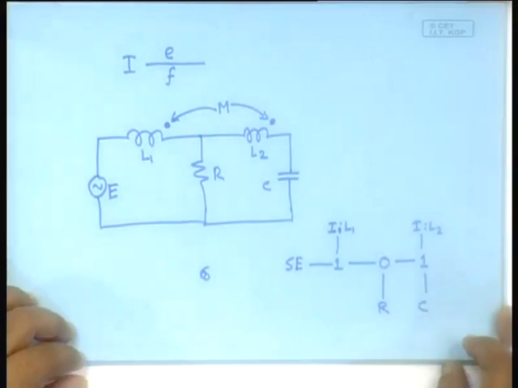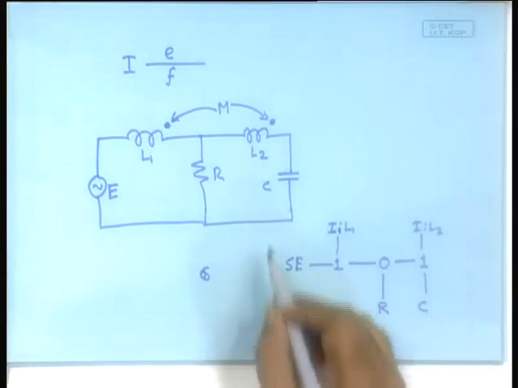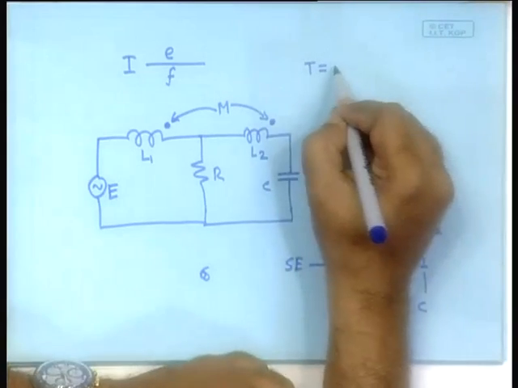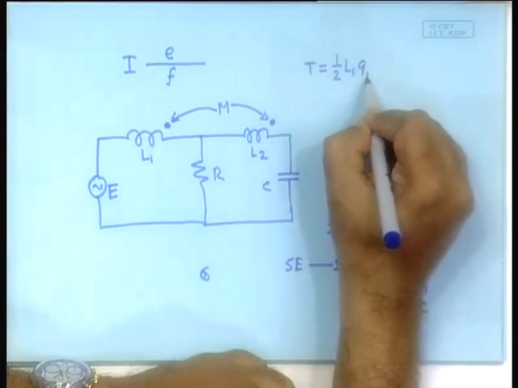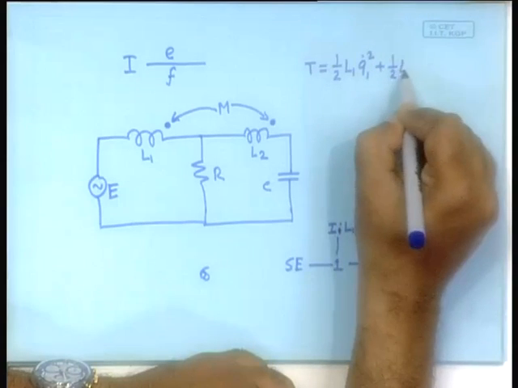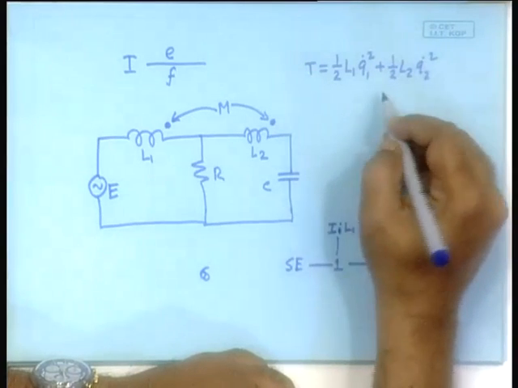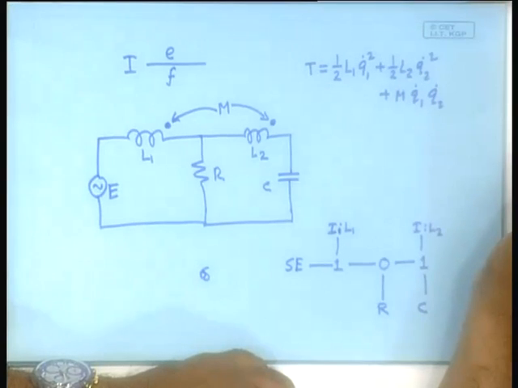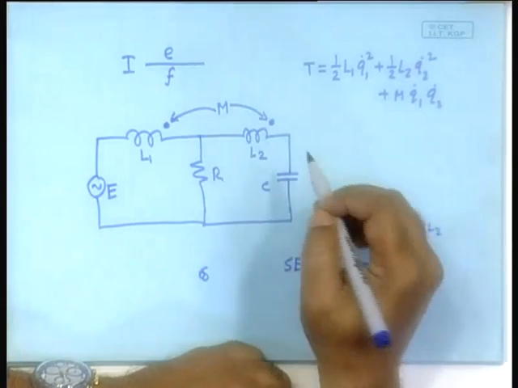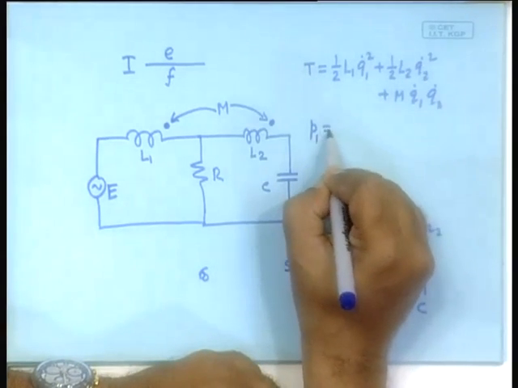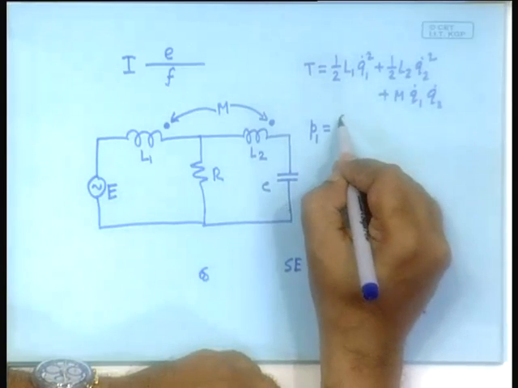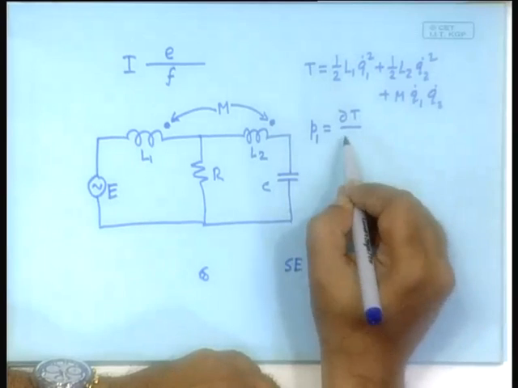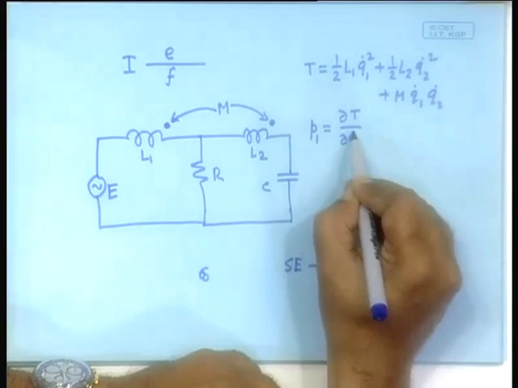In order to probe that, let us get back to the question of the kinetic energy of the whole system. The kinetic energy T is half L1 Q1 dot square plus half L2 Q2 dot square plus M Q1 dot Q2 dot. Your momentum P1 is the derivative of the Lagrangian, which is the same as T in this case, with respect to Q1 dot.